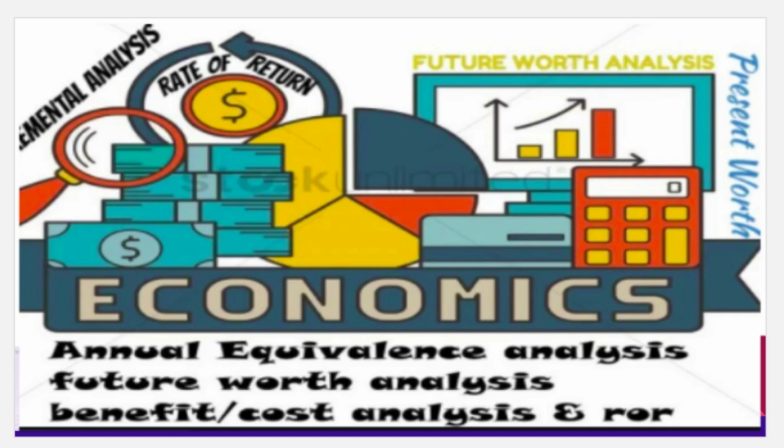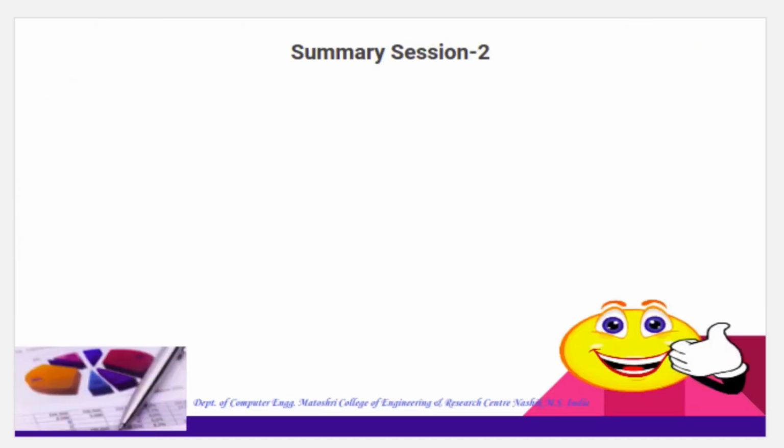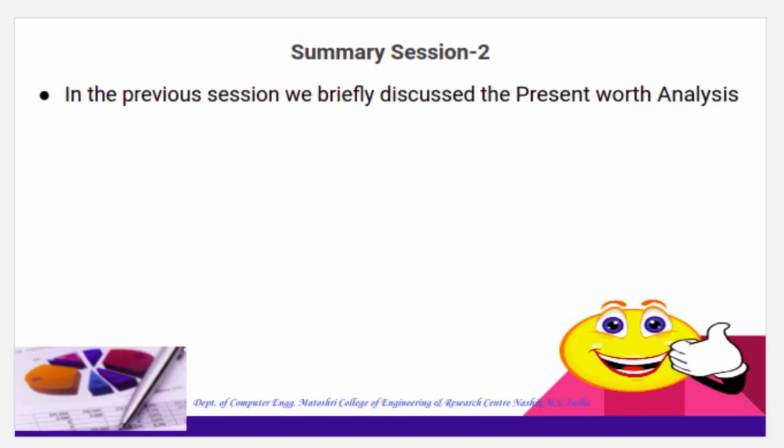Next, we will take a quick review of our previous session, that is present worth analysis. From the last session, we discussed Unit 5, that is Economics and Management, in which we briefly discussed present worth analysis. We learned the importance of careful consideration given to the time period conveyed by the analysis.